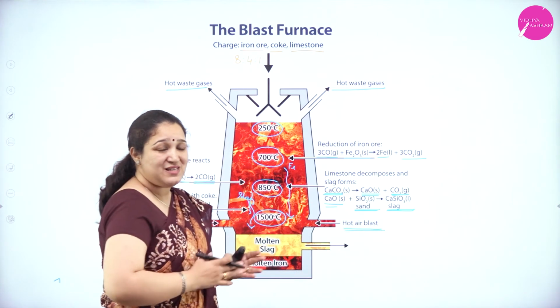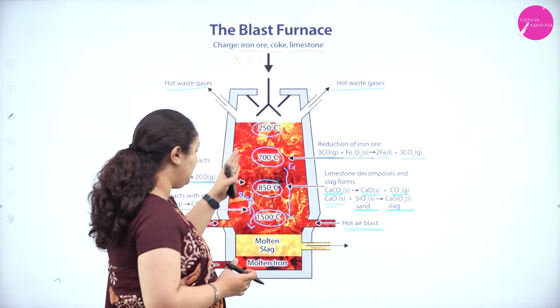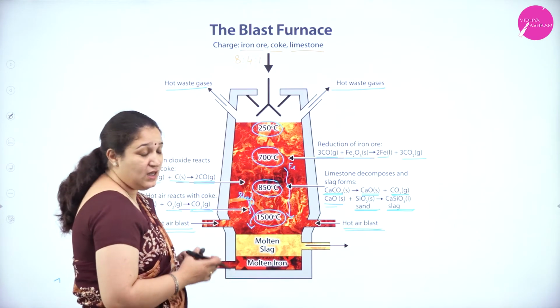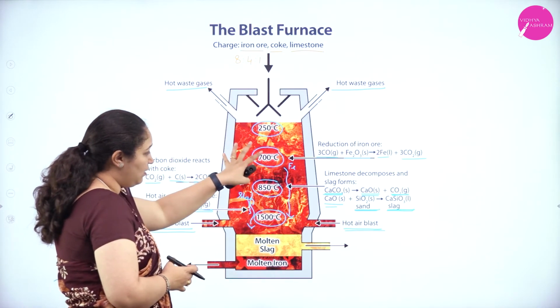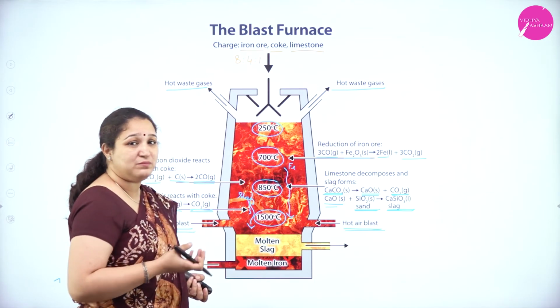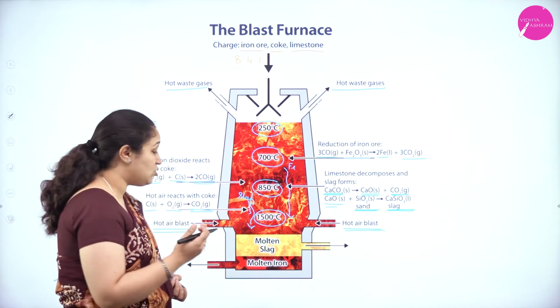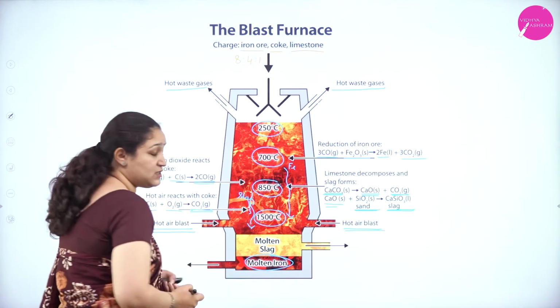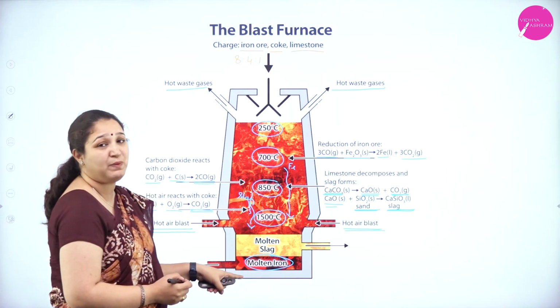Okay, so these are certain reactions which are happening in the blast furnace. Now as iron is coming down, it has a tendency to pick up carbon. Okay, and thus it is not the purest form of iron which is formed here. We call it pig iron.